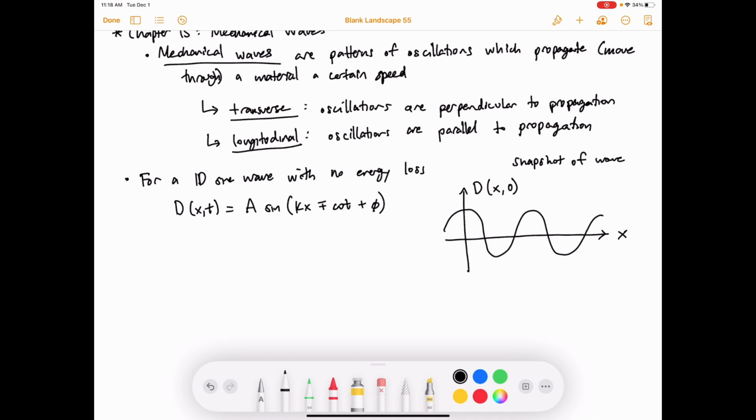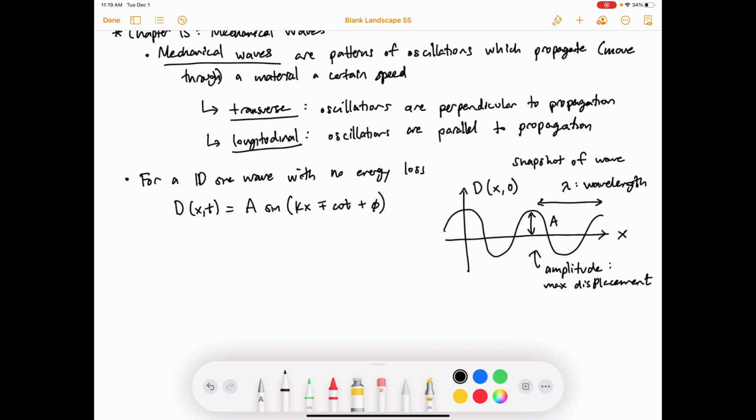And there are a few things that we can immediately pick out and label. The first is the amplitude. So this is the amplitude or the maximum displacement of the wave. We also have the wavelength, which is the distance between peaks.